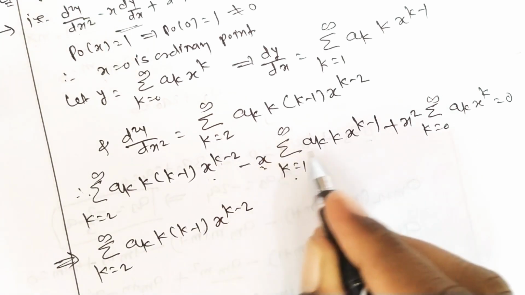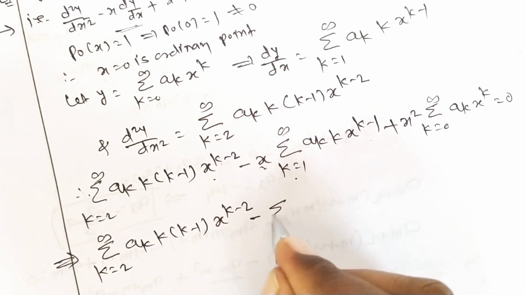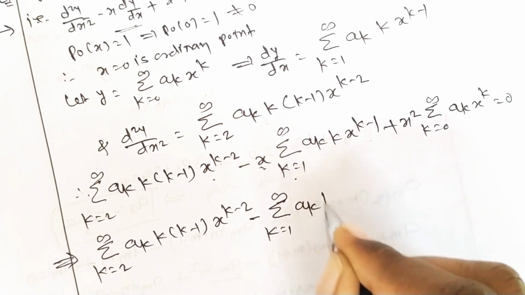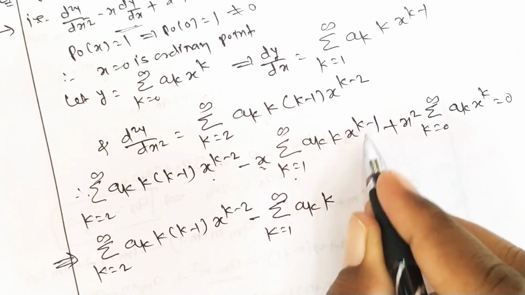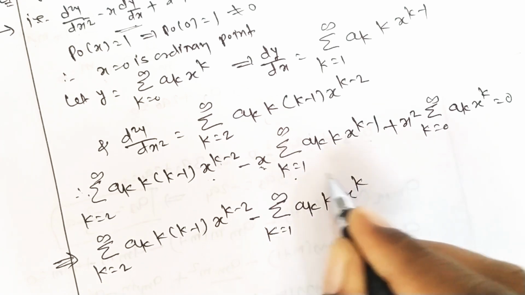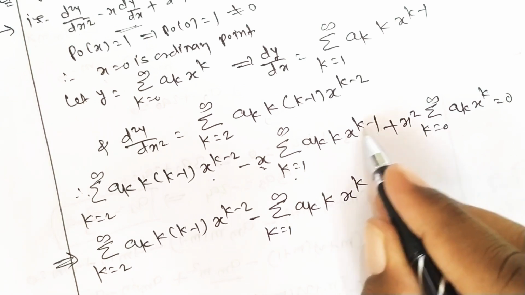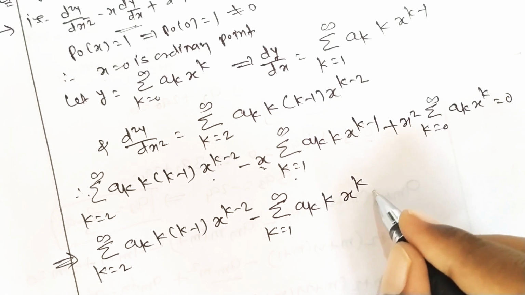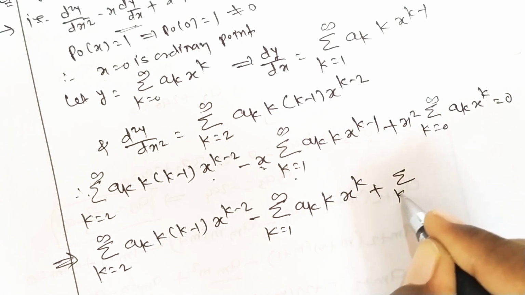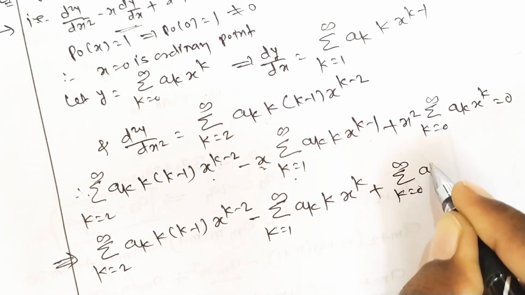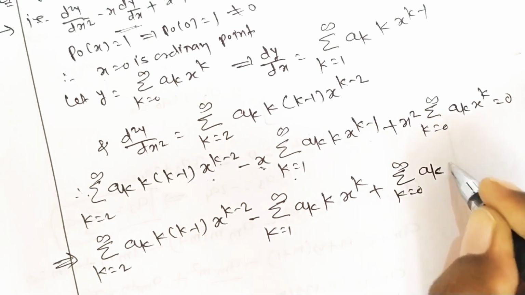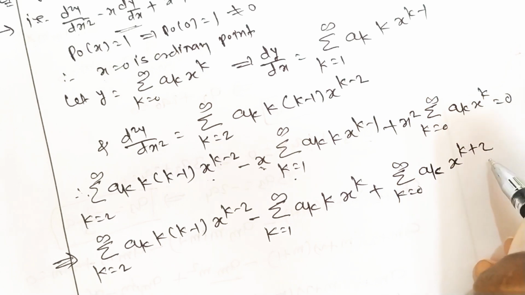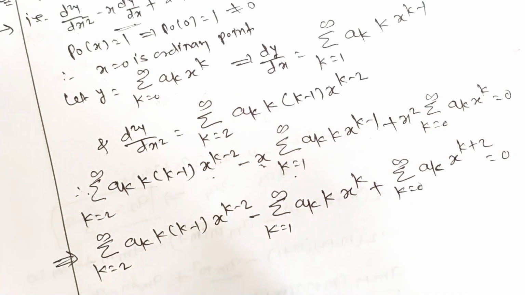Now if we write this x under the series, then this becomes minus summation of k varies from 1 to infinity ak k x into x^(k−1), which is x^k, because k−1 plus 1 is the power of x. Plus summation of k varies from 0 to infinity ak x^(k+2), again taking the addition of powers, equal to 0.